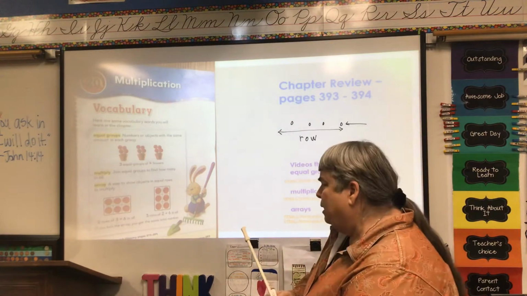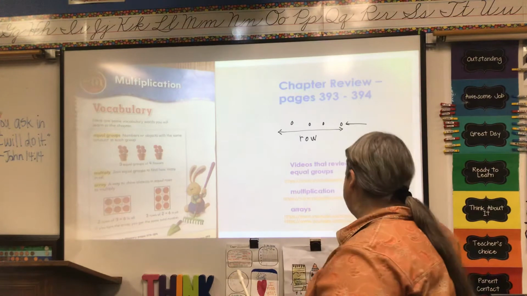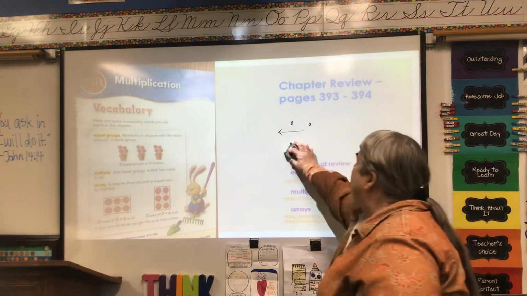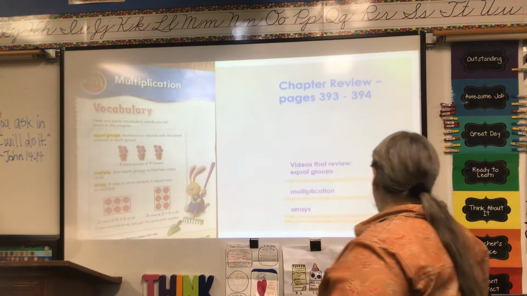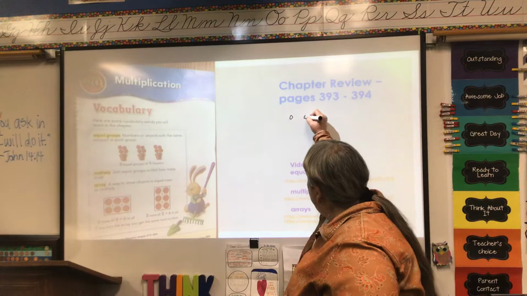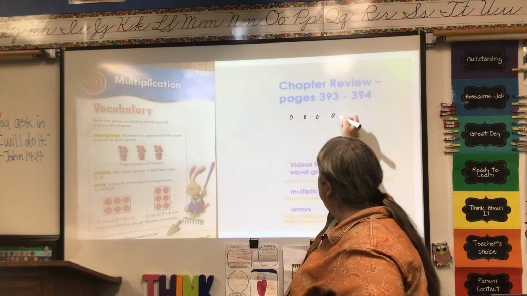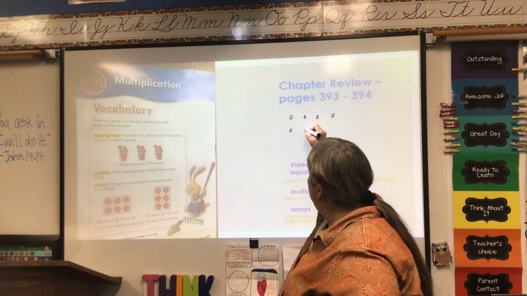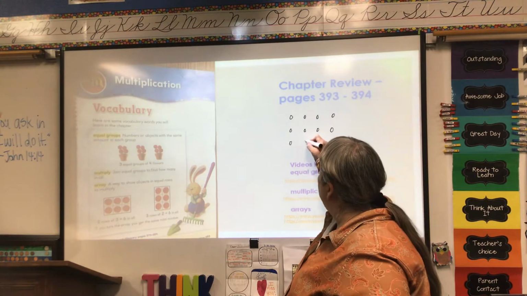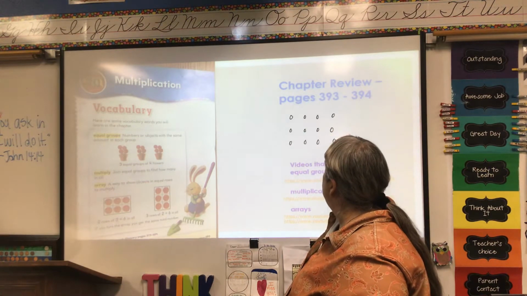Then the second term, when you have an array, you have a row that goes across, and then you're going to end up with lots of seeds. So you're going to have a seed here, a seed here, a seed here, and so on.